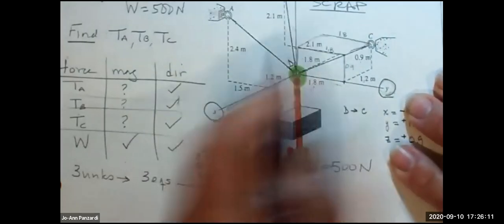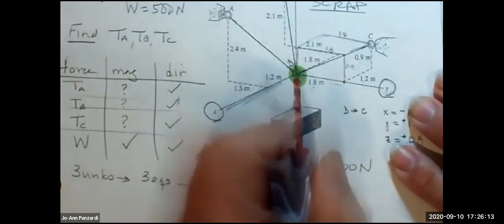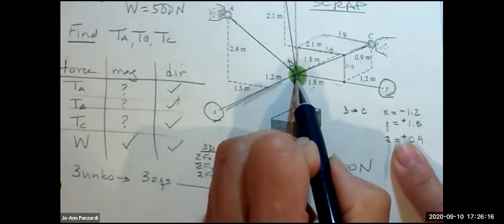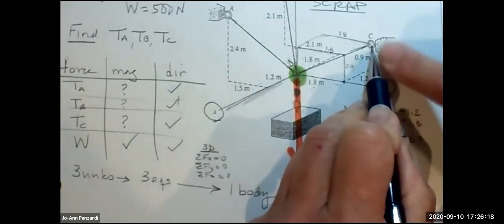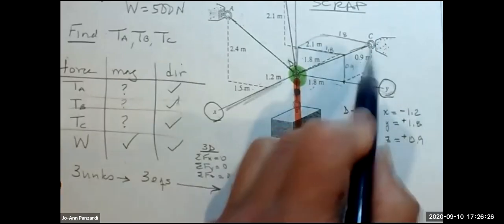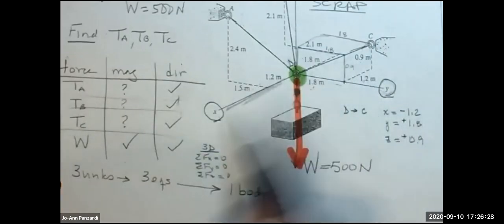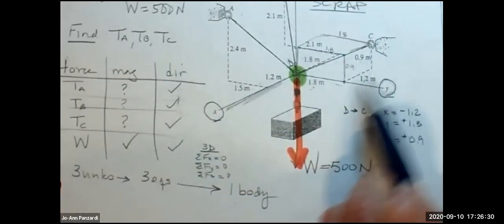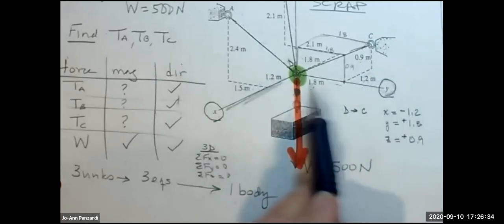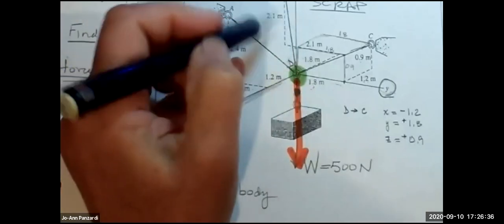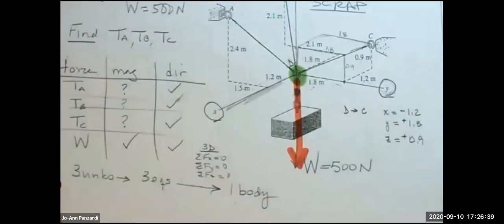So where is D? Point D is at the origin. Point C is the upper right corner. Can you now see that in the X, going from D to C, it's 1.2, in the Y, it's 1.8, and the height is 0.9.